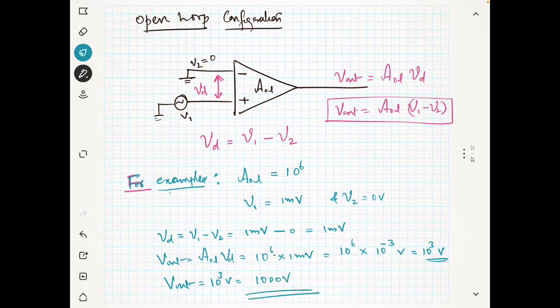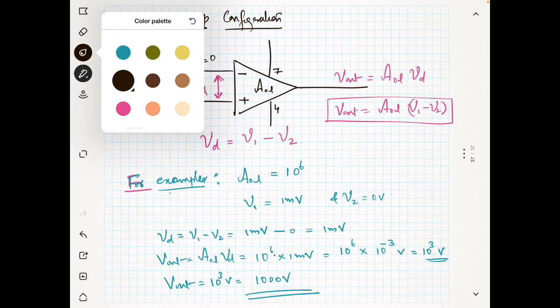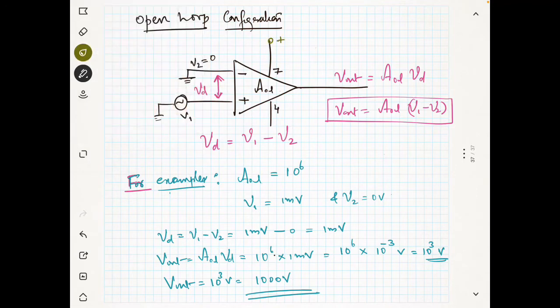Is it possible? No, it is not possible, because the op-amp cannot produce its own voltage. The voltage is basically related to energy, so it cannot produce the energy by itself. Also, for the operational amplifier, if I am considering the 741 IC, I will be giving a power supply, plus VCC and minus VCC or minus VEE.